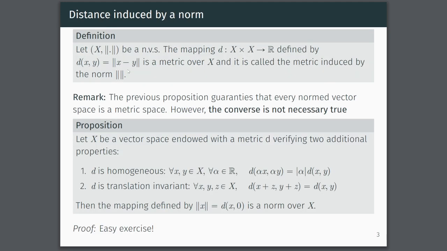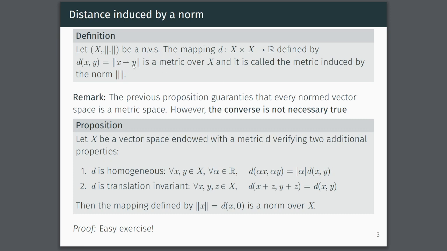So a little bit of terminology. If you have a norm, then you can get a metric or a distance, right? Which is defined as the distance between two points as the norm of x minus y. Okay? What this tells you is that every norm gives rise to a metric space.